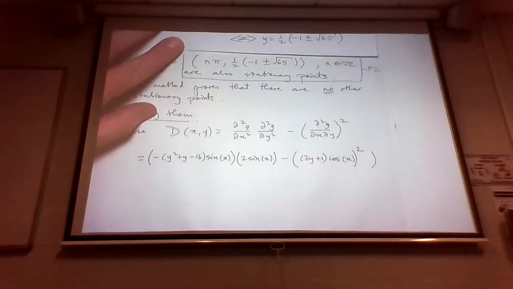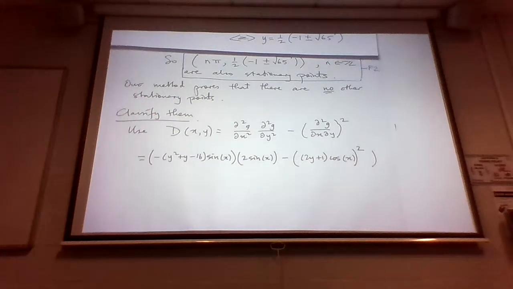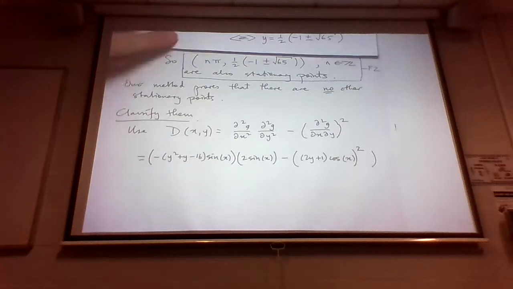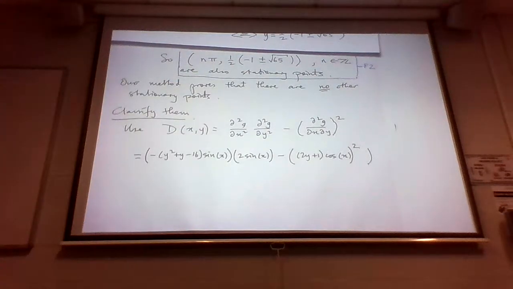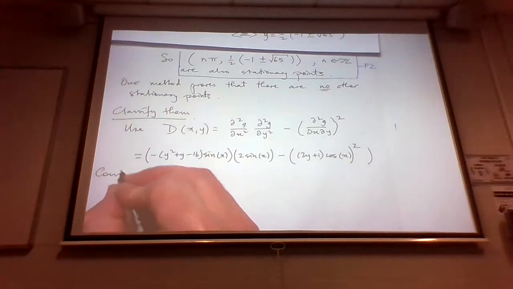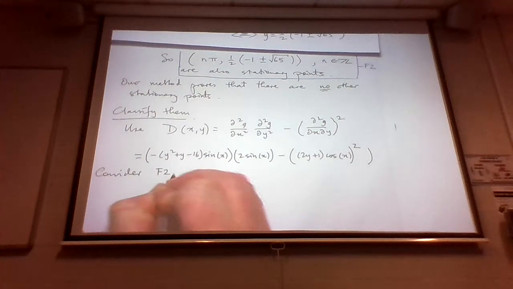And we're going to evaluate it at all of these points. Let's try the saddles first of all, or what we suspect are the saddles. So if we look at F2, consider F2.